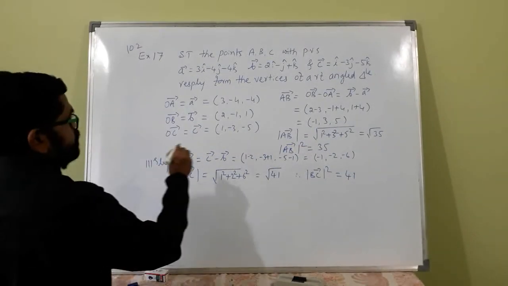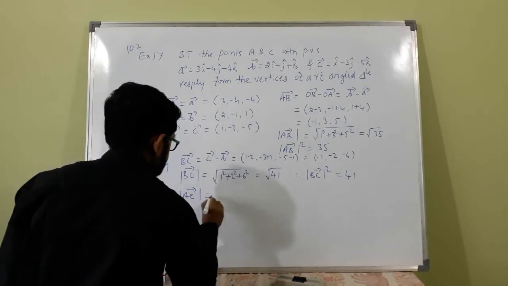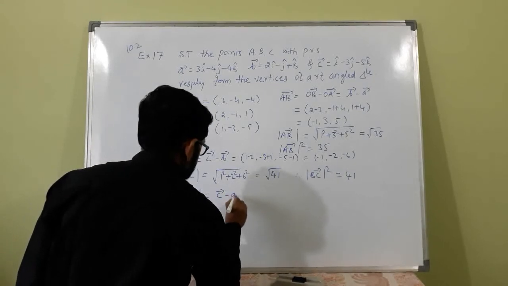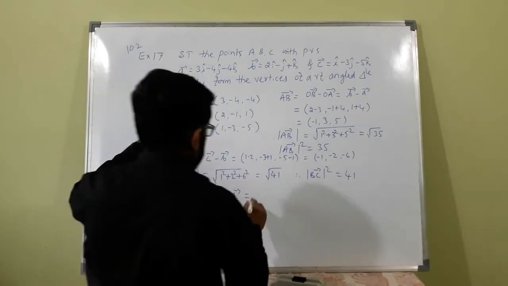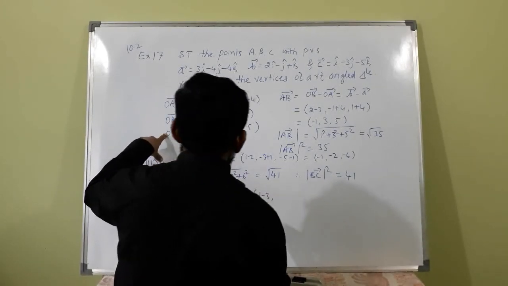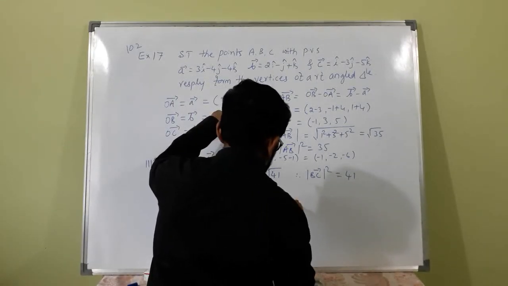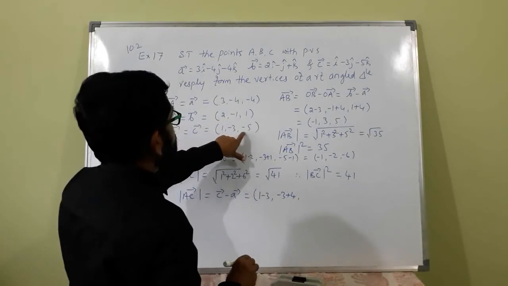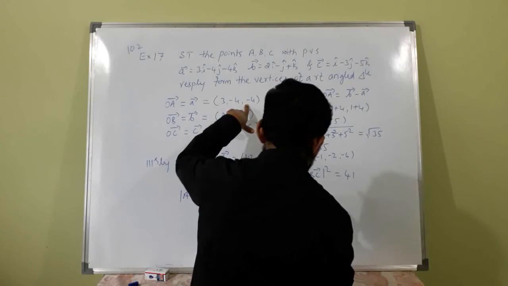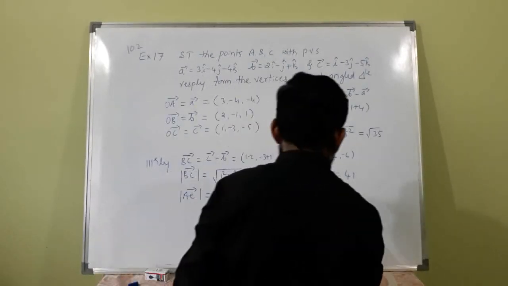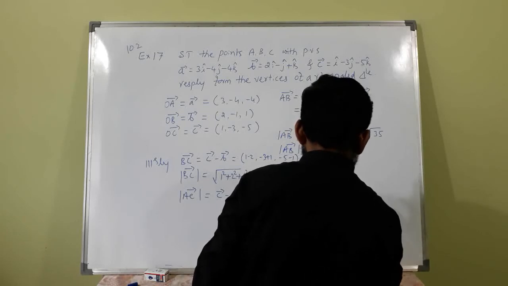and AC is C minus A. C minus A, 1 minus 3, comma, minus 3 plus 4, minus 5 plus 4, that is minus 2, 1 and minus 1.